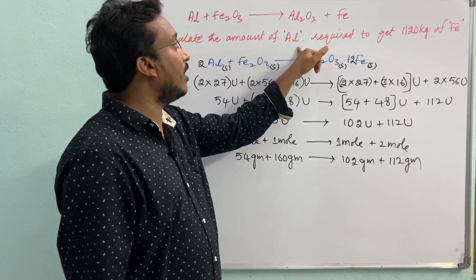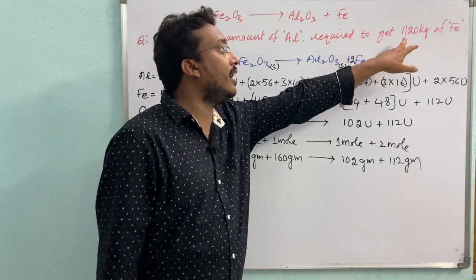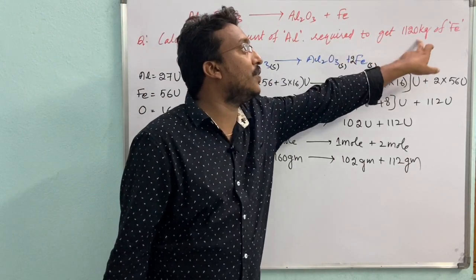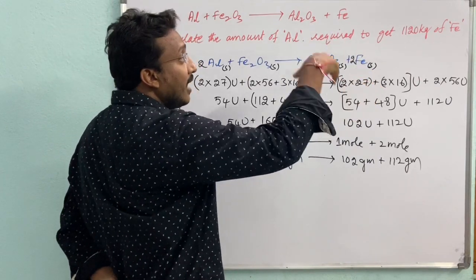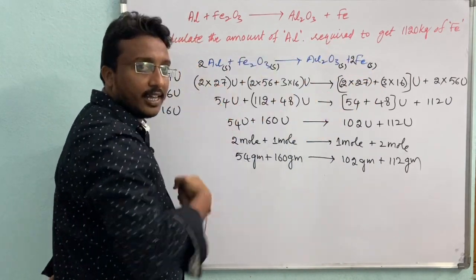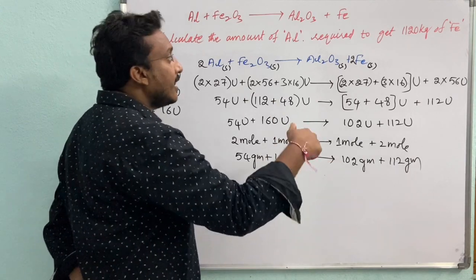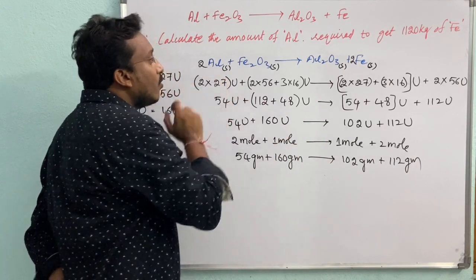Now from this equation we have to find what is given in the question: calculate the amount of aluminum required to get 1120 kg of iron. Here I need 1120 kgs of iron. To get that, how much aluminum do I require?